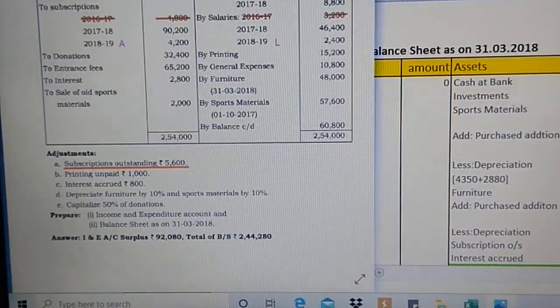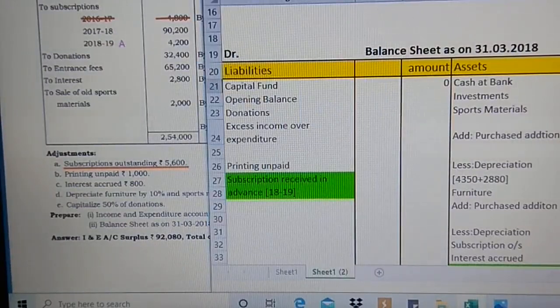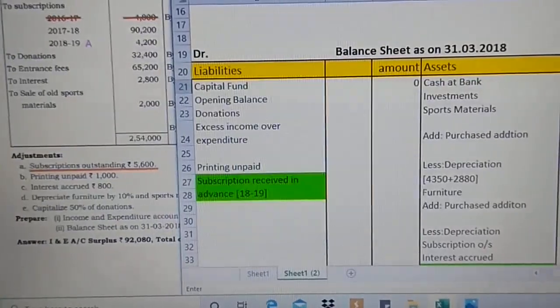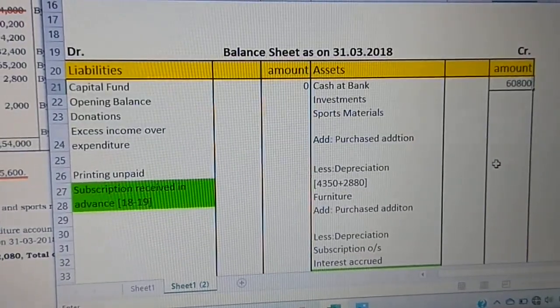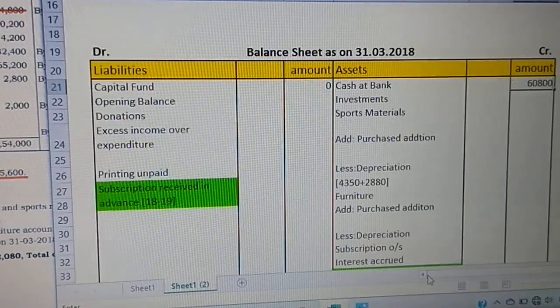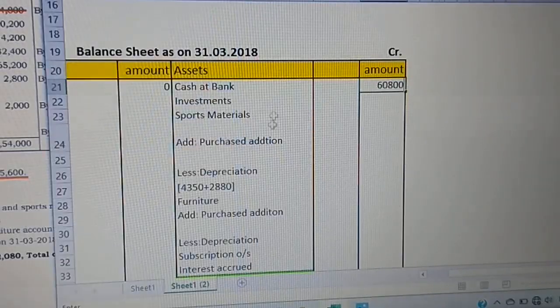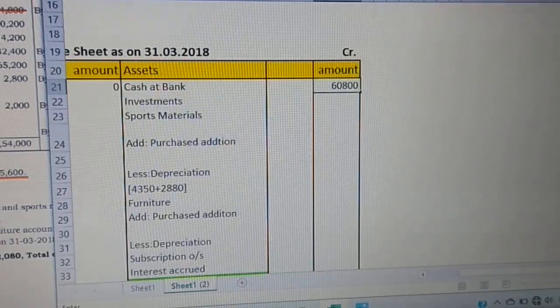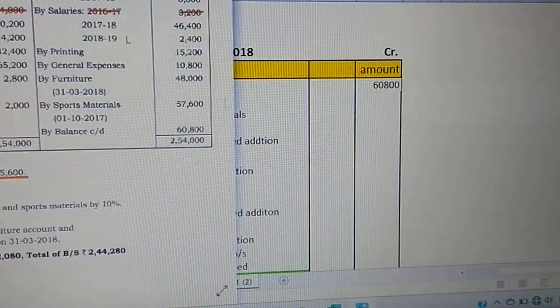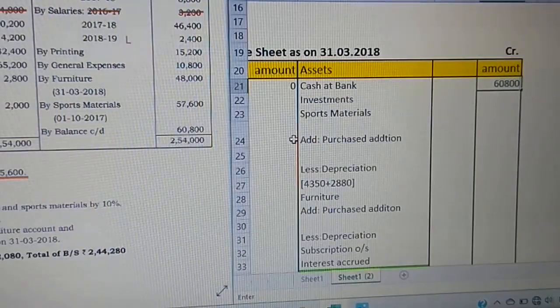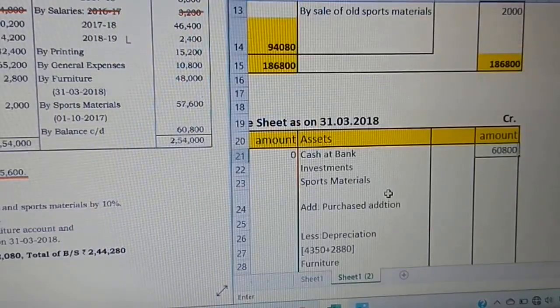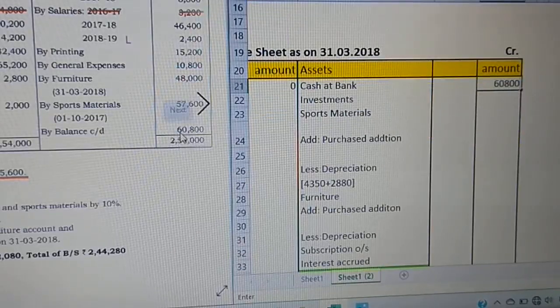So just observe, I'm going to take 60,800 here. So 60,800 cash value is taken.